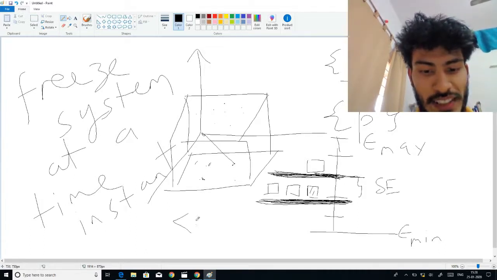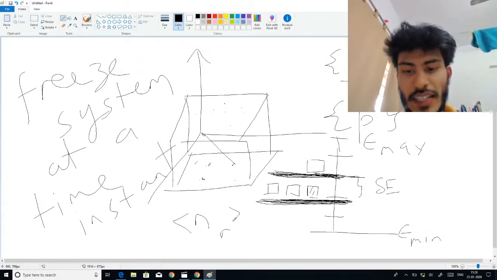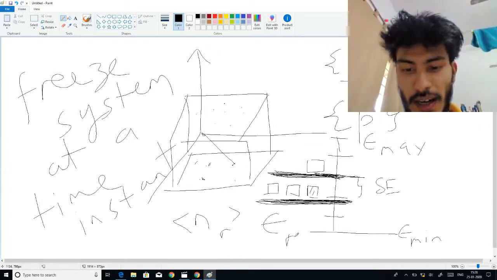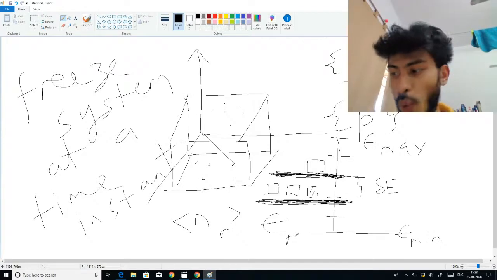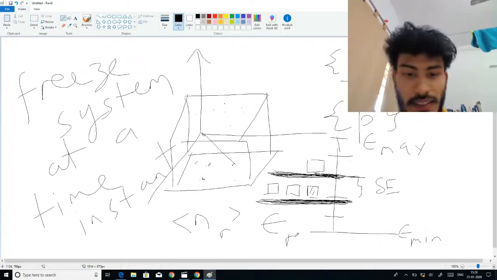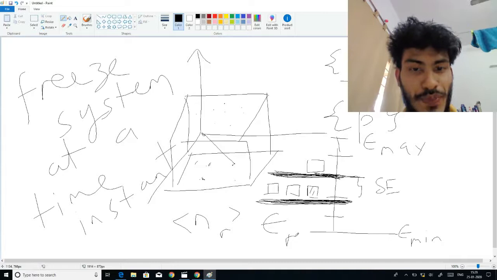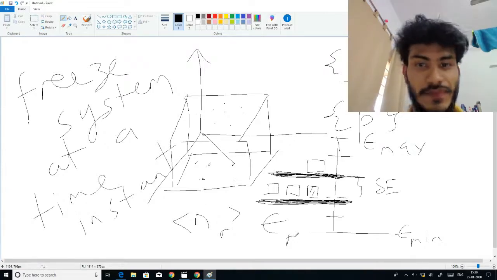Now the question is, at a particular energy level with energy epsilon r, what is the mean number of particles found in that particular state? That is the question that we have to study, and we were asked to make plots regarding these.